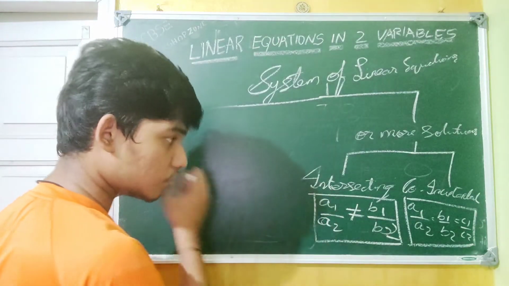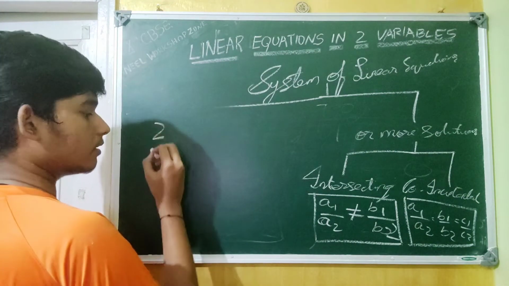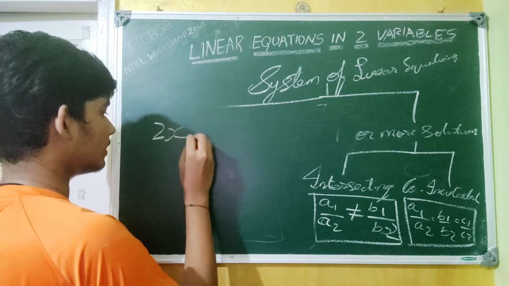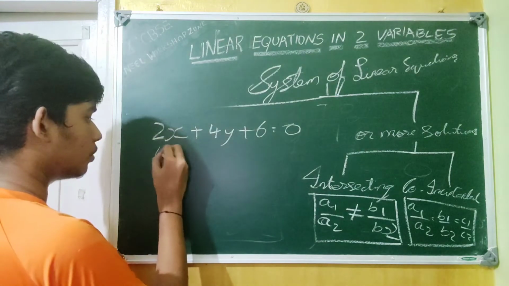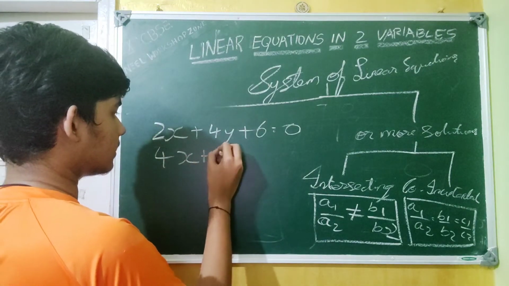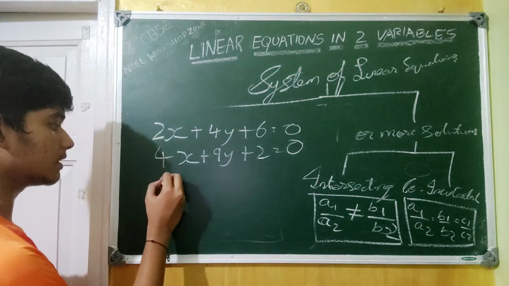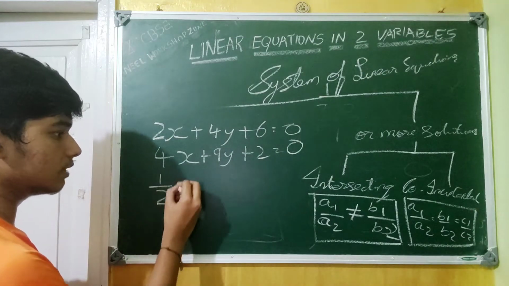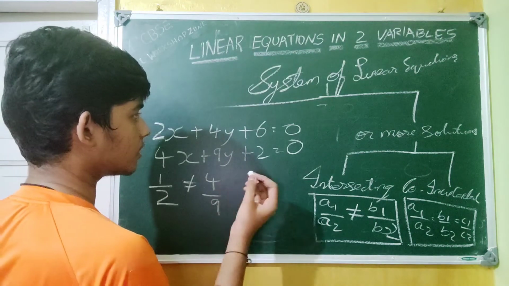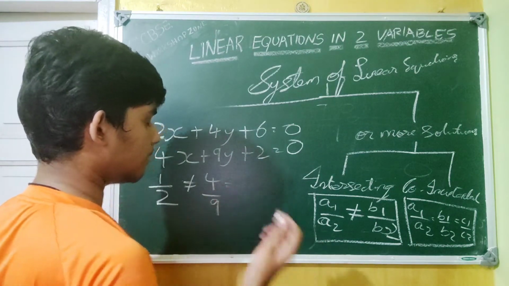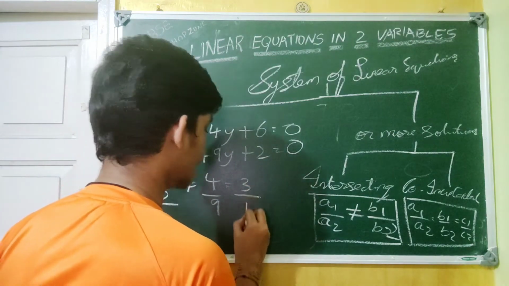On the other hand, if we take two more which are intersecting, so for example, 2x plus 4y plus 6 is equal to 0, and 4x plus 9y plus 2 is equal to 0, this is intersecting, because 2 by 4 is 1 by 2, which is not equal to 4 by 9, and 6 by 2 is 3 by 1.